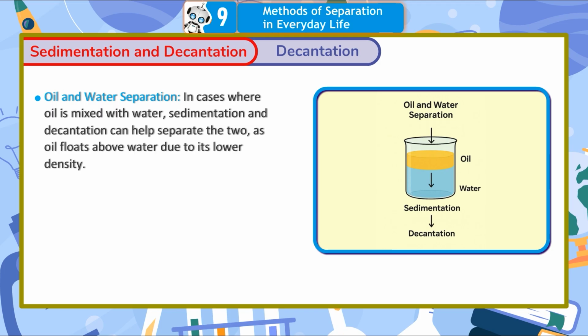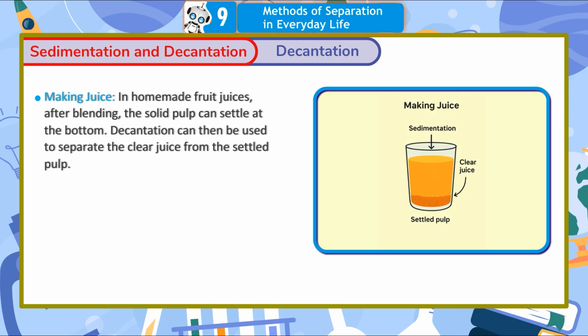Oil and water separation. In cases where oil is mixed with water, sedimentation and decantation can help separate the two, as oil floats above water due to its lower density. Making juice. In homemade fruit juices, after blending, the solid pulp can settle at the bottom.